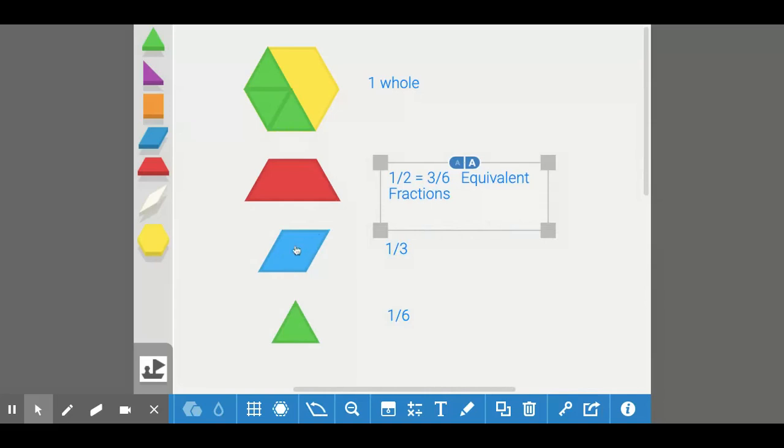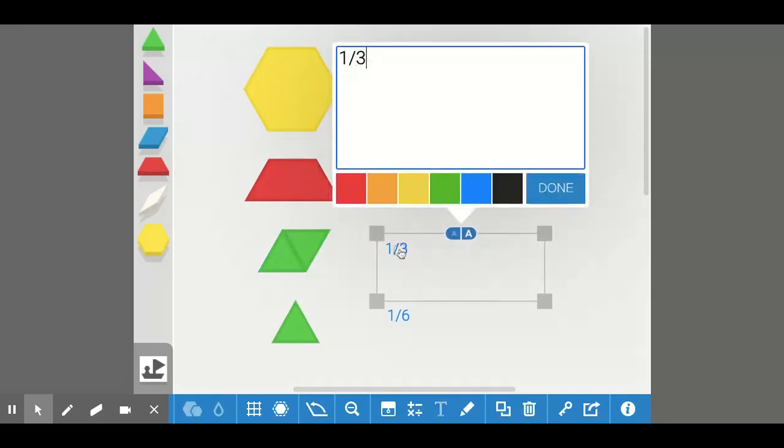How many triangles would fit into this blue shape? What do you think? Oh, 2 seem to fit pretty nicely. So if 2 triangles, 2/6, because you're always relating them to the whole. So triangles that fit in the whole, 2 out of 6, is the same as 1/3.